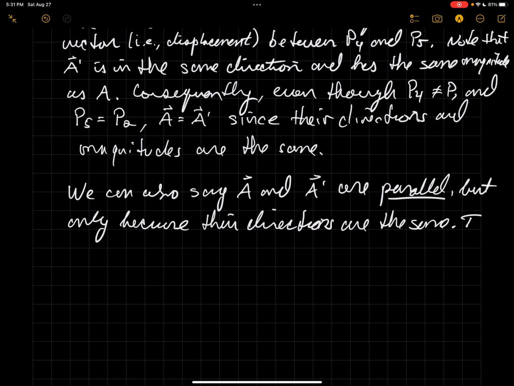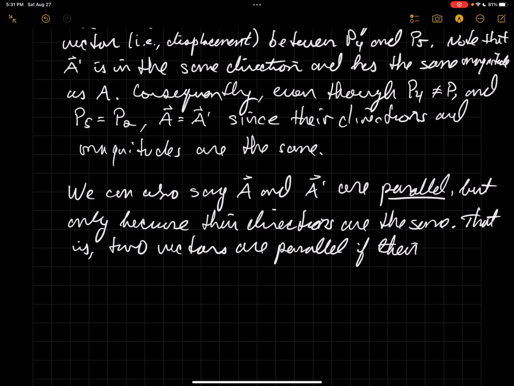In other words, two vectors are parallel if their directions are the same, regardless of their magnitudes.